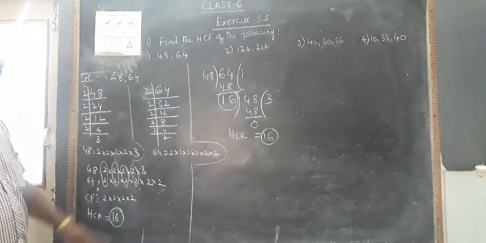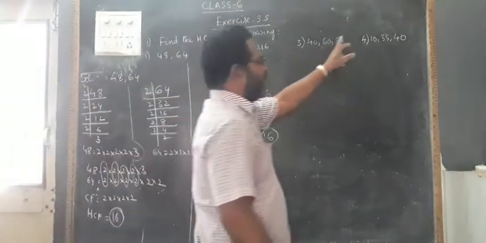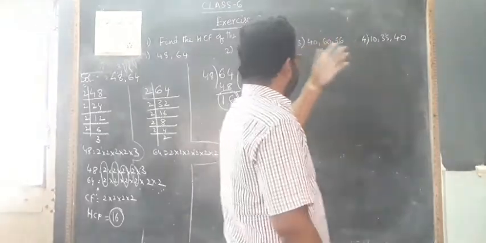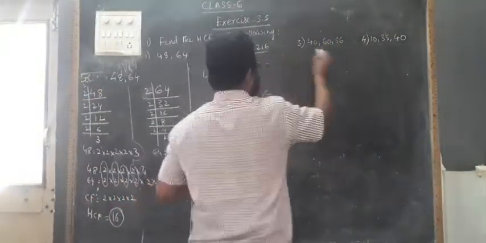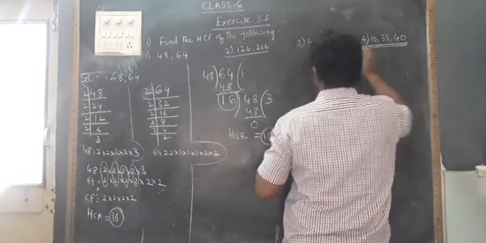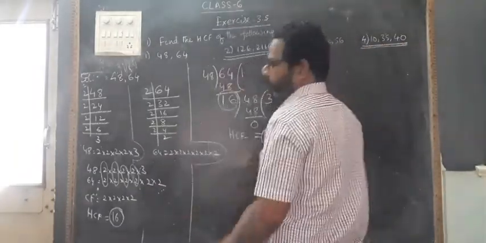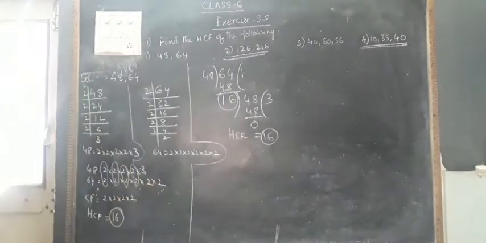Please note down. In these 4 sums, I will explain 2 sums. The remaining 2 sums you have to do on your own. Second sum and fourth sum you have to do. The first sum I explained, the third sum I am going to explain. Pause the video and copy it in the classwork.